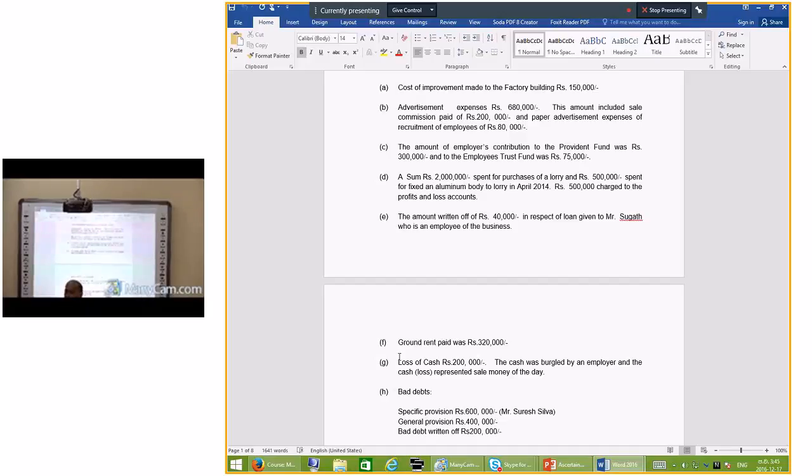Then the court had to decide whether the cash theft is an allowable deduction or not. For that purpose, the tax department, the attorney general's department, appeared. For the company, other lawyers appeared. Both parties gave arguments. The court had to decide whether it is an allowable or disallowable deduction.